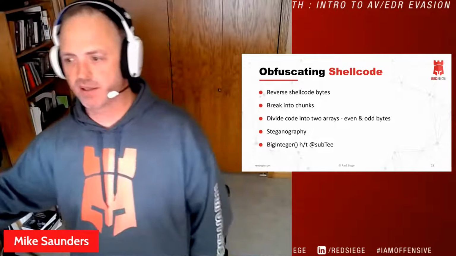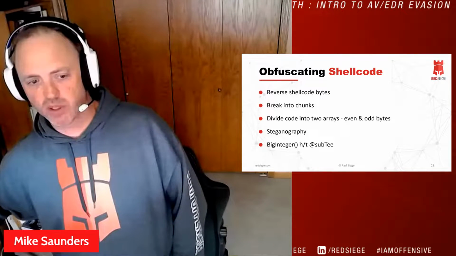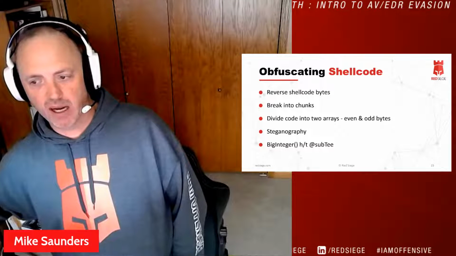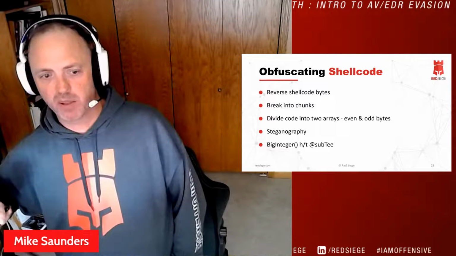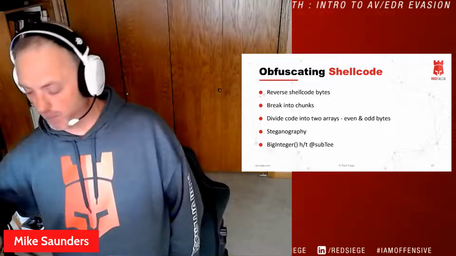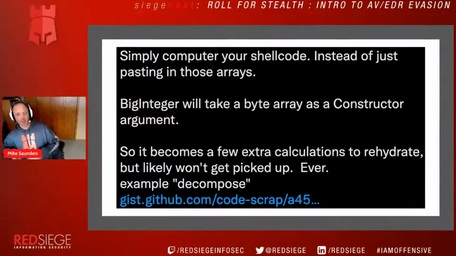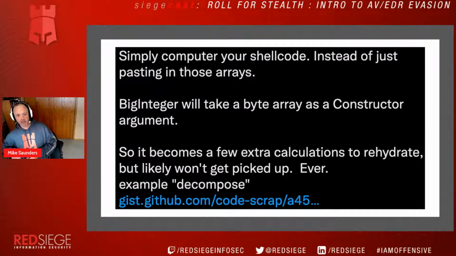Another concept is this concept of a big integer. SubTee tweeted this out a while ago, and I will say that I have not had time to play with this to see if it works. However, if SubTee tweeted it out, I'm quite sure it actually will work. Big integer takes a byte array as a constructor argument.